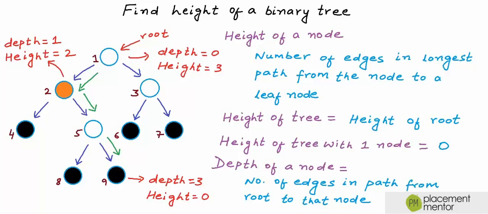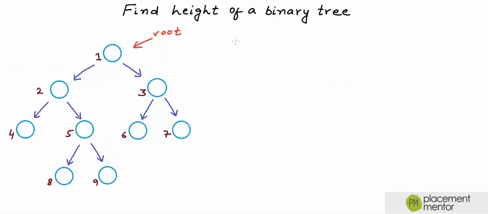Okay, let's now see how we can calculate height or max depth of a binary tree. I'm going to write a function named find height that will take a reference or address of the root node as argument and return me the height of the binary tree. Now the logic to calculate height can be something like this. For any node, if we can somehow calculate the height of its left subtree and also the height of its right subtree, then the height of that node would be greater of the heights of left and right subtrees plus 1.